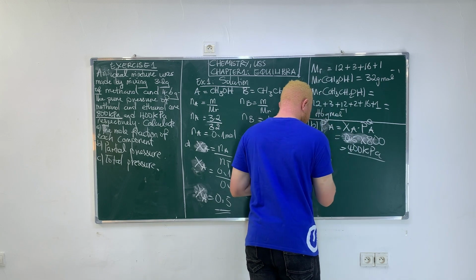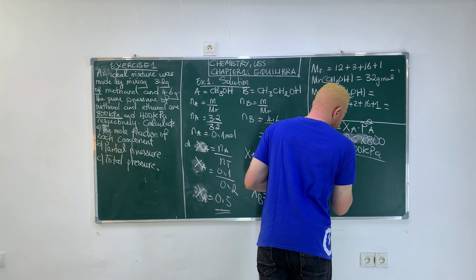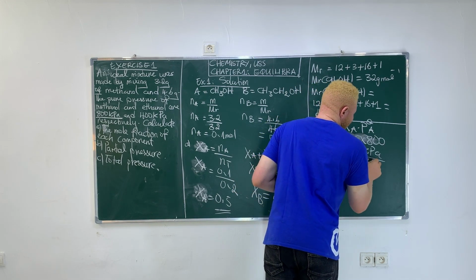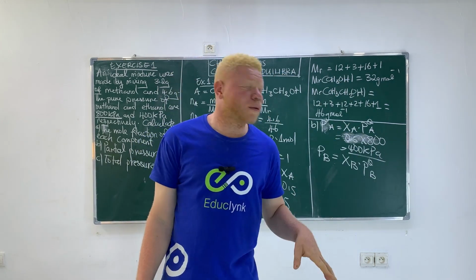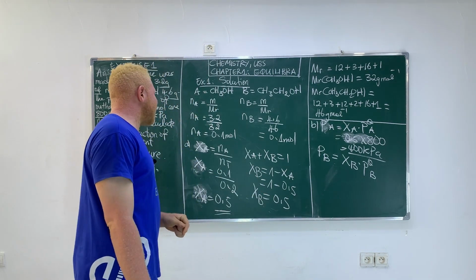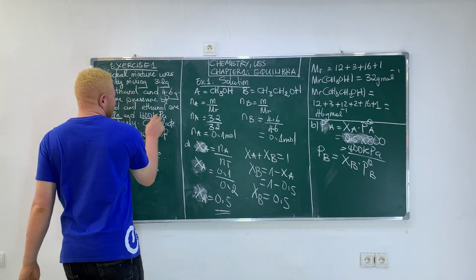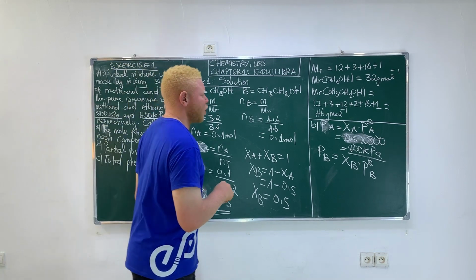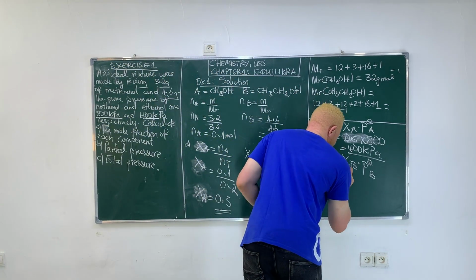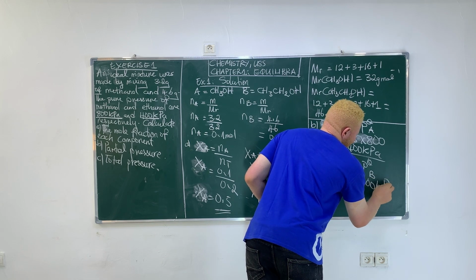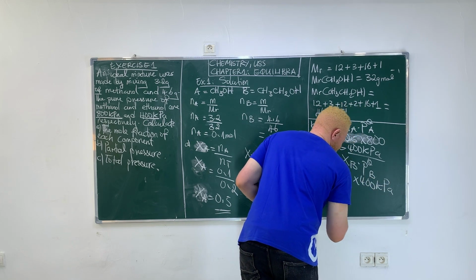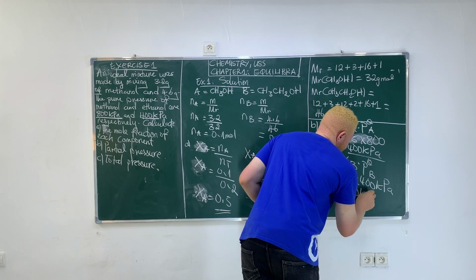Then PB equals XB times P theta of B. The pure pressure of B is also given as 400. So you get 0.5 times 400 kilopascal, which gives us 200 kilopascal.